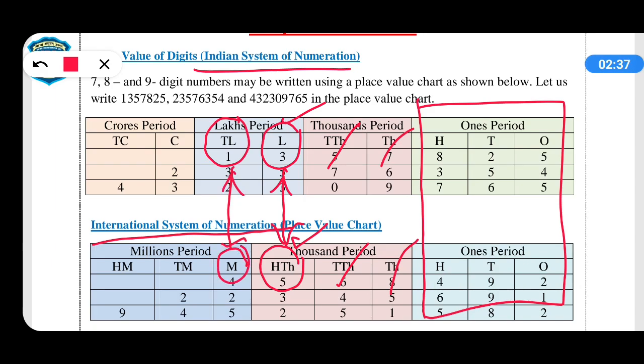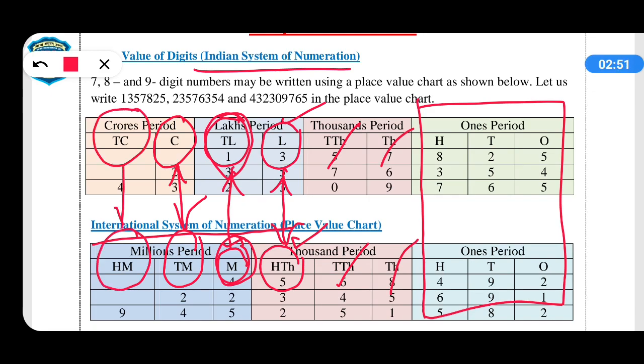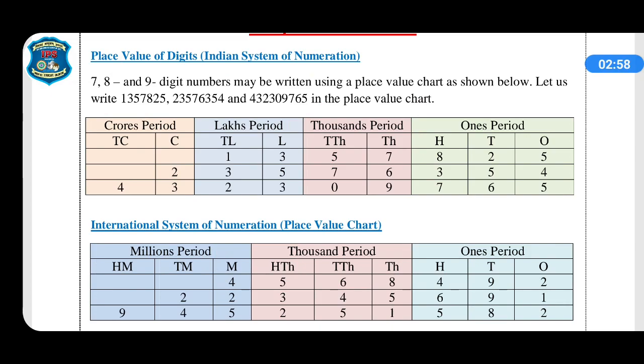So 10 lakh is equal to 1 million, and 1 crore is equal to 10 million. These two are equal, right? Then 10 crore is equal to 100 million. So you can compare these two charts, right?